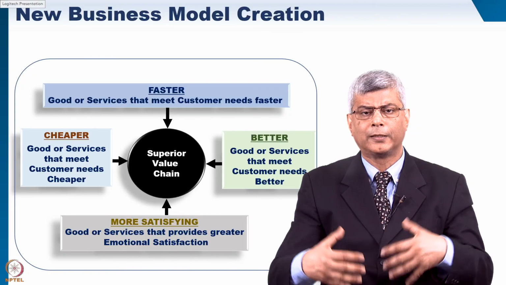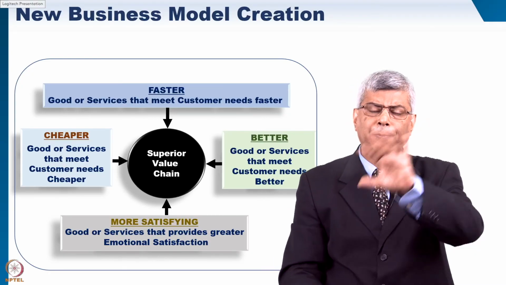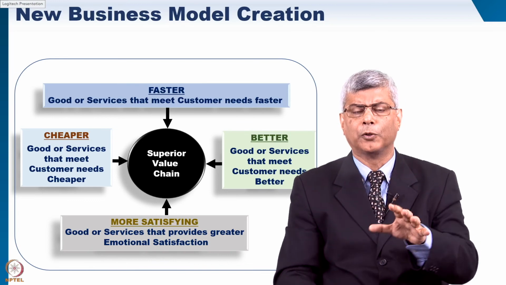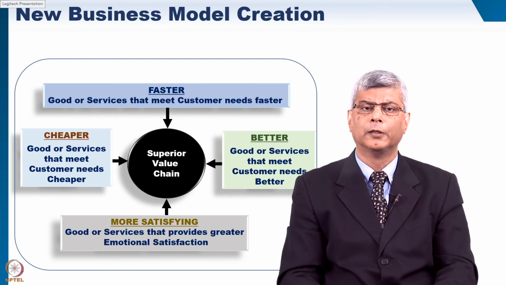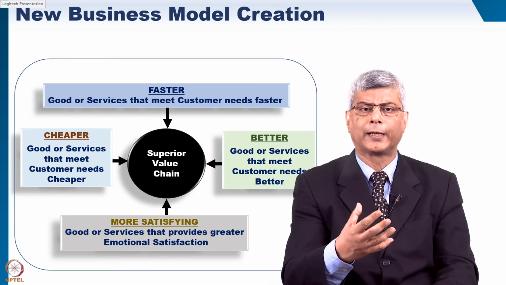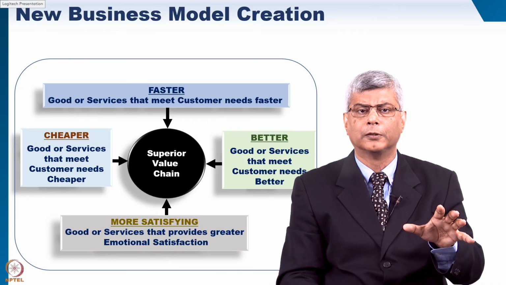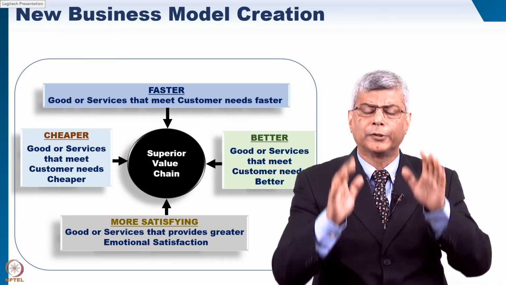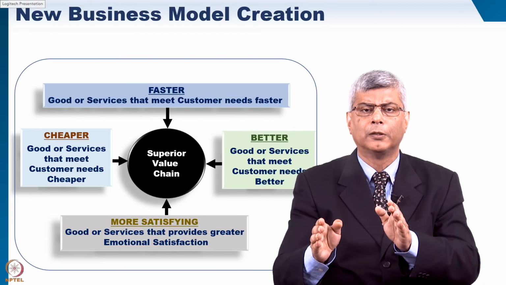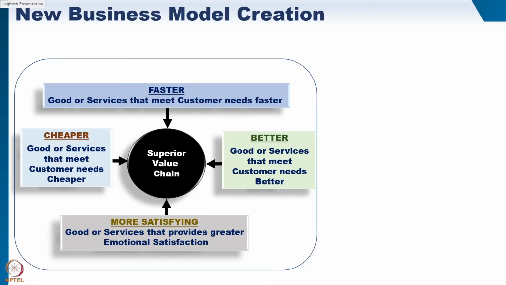So it's faster, better, cheaper, more satisfying. And the business model changes, the technology changes, the way the company operates changes. The kind of people that are being employed, the kind of production processes that are being employed, the IT infrastructure, the software used, they're all changing. So these are business model creation, disruption, changes, evolution.